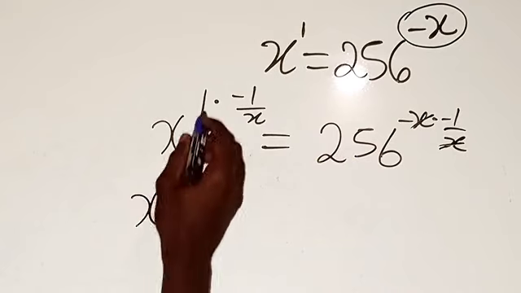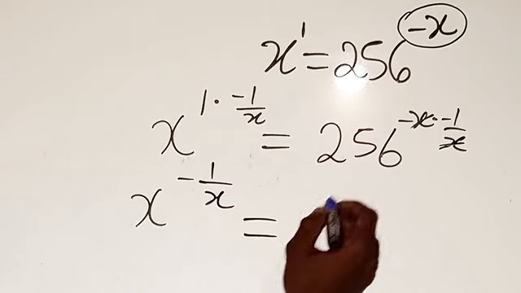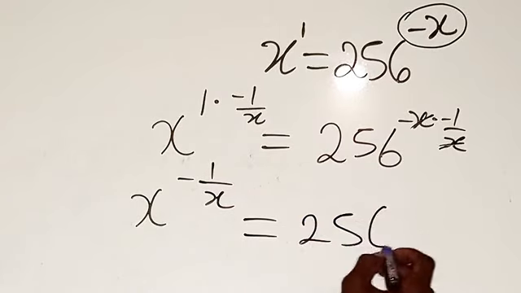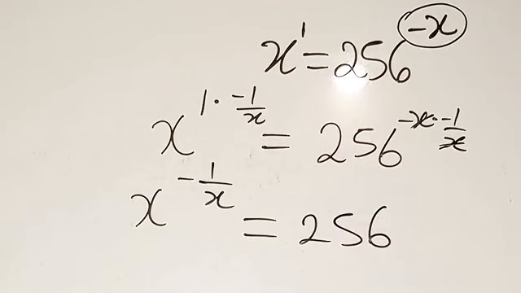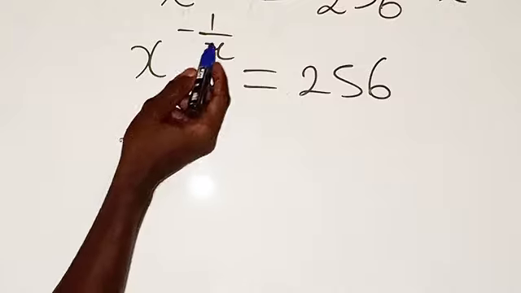We're going to have x, then minus 1 over x, then equals, here we have 256. So therefore we have actually cancelled out this negative power.